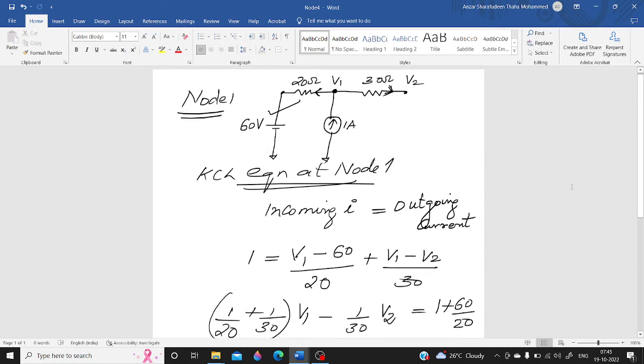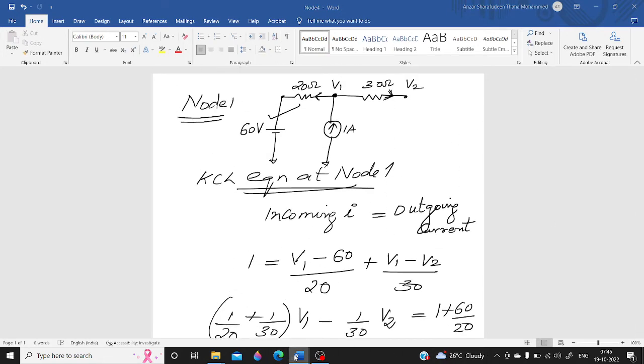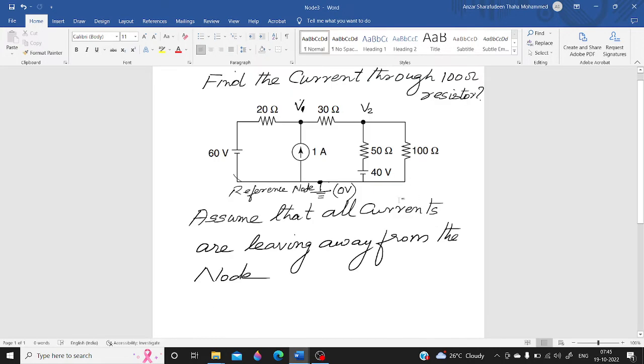Since there are two nodes in this particular circuit, we are supposed to get two nodal equations. Now we got the first nodal equation. Now let me redraw the second node and the associated branches for writing the KCL equation.